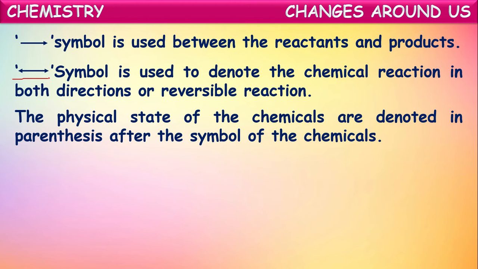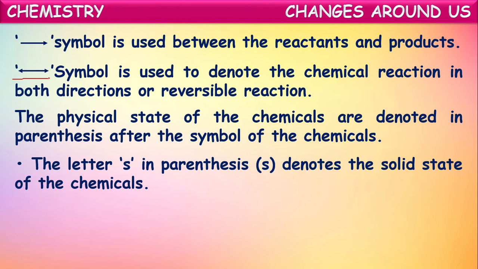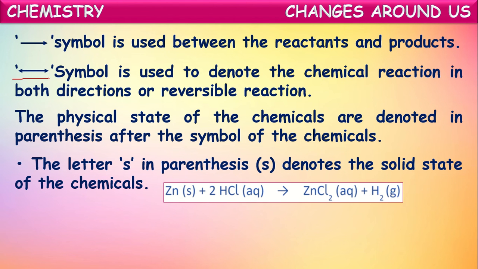Let us see some examples. The letter S in parentheses denotes the solid state of the chemicals. Let us see an example here. A chemical equation is represented here, and if you observe, beside the symbol of zinc, an S is kept in parentheses. This represents that this substance is taken in the solid state.